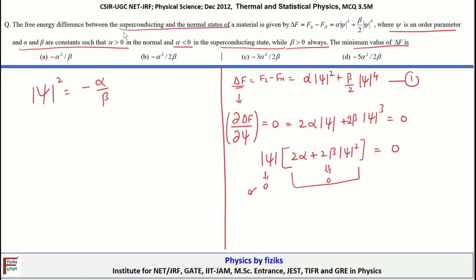Okay, so now the minimum value of the free energy is given by substituting the value of psi square in equation 1.